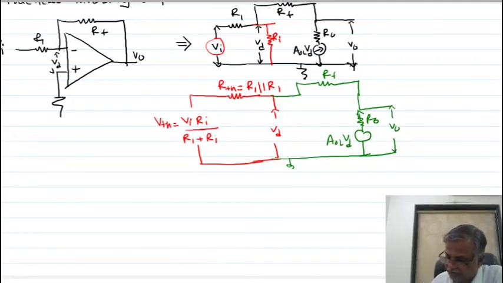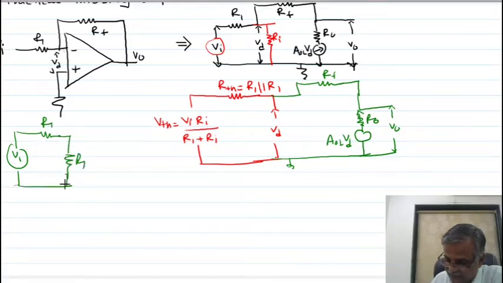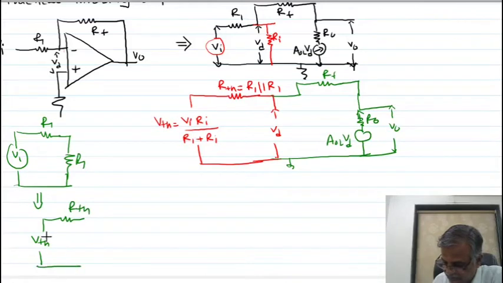Look here, this is representing this part only. So this part I am showing you like this. This is Vi, this is R1, this is Ri. Thevenin's equivalent circuit of only this much section is Vth, Rth.